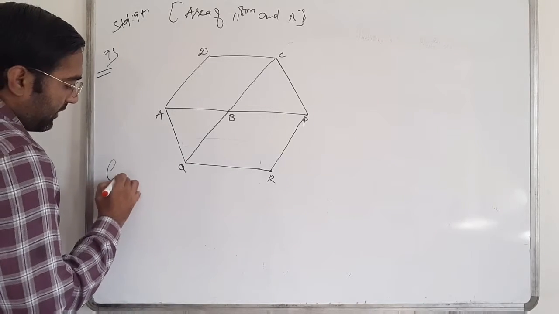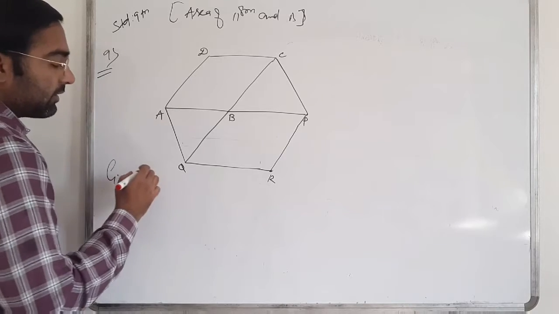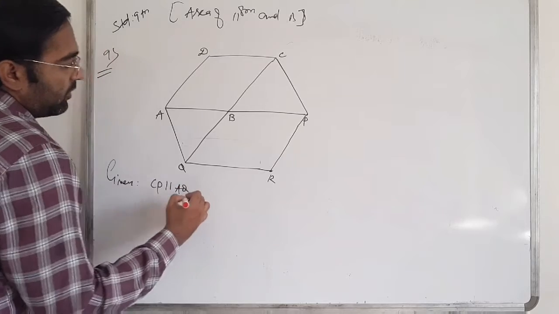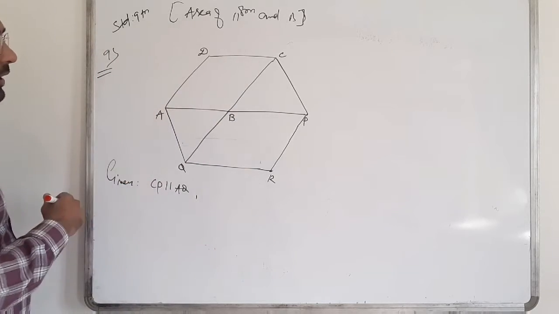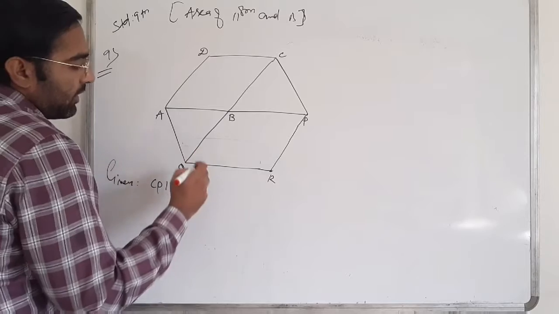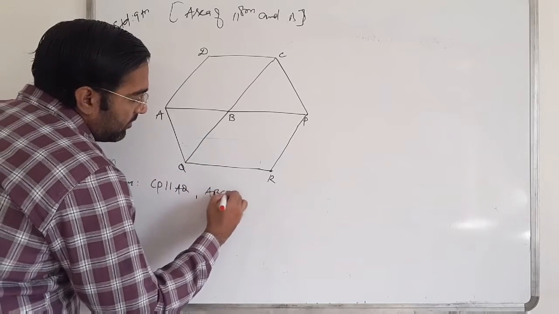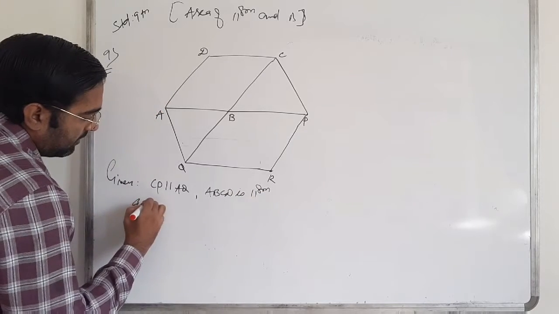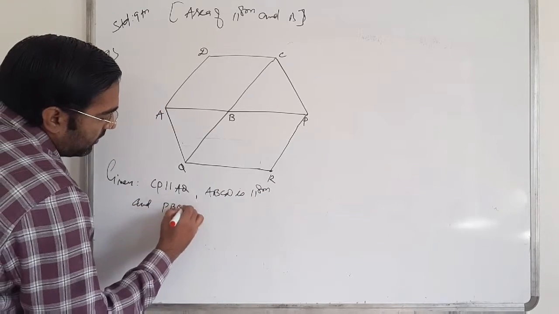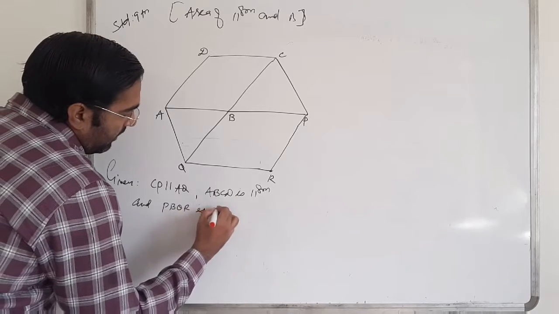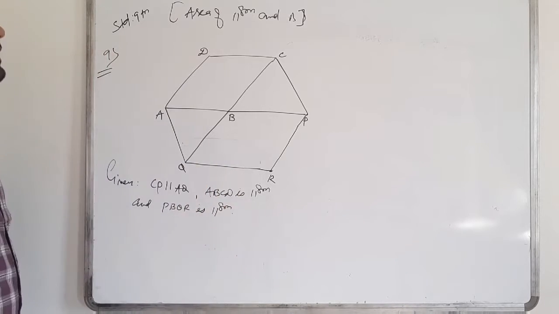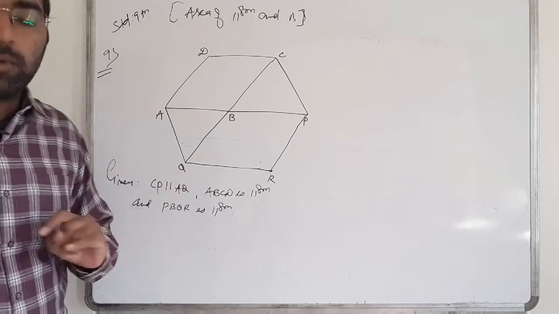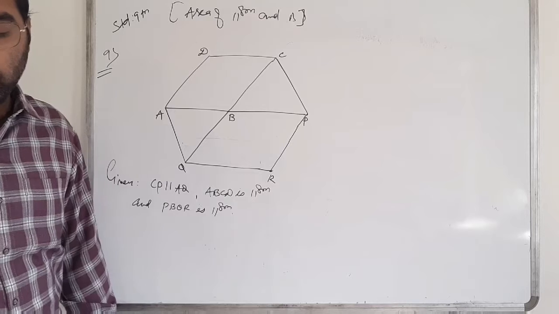As per the given, first of all we write the given things: CP is parallel to AQ. Second, ABCD is a parallelogram and PBQR is also a parallelogram.